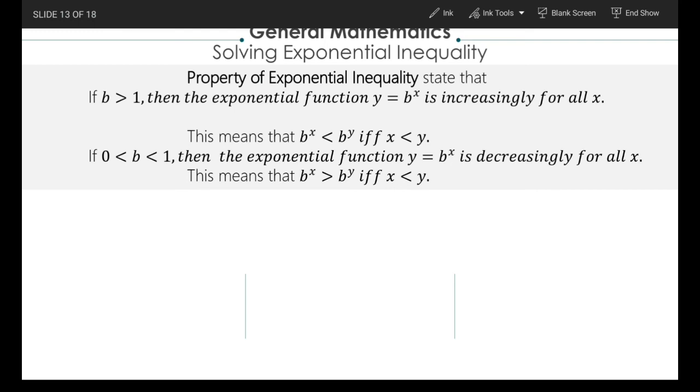And for the second statement of this property, we have if your b or your base is between 0 and 1, then the exponential function y is equals to b raised to x is decreasing for all x. This means that b raised to x is greater than b raised to y if and only if x is less than y. Ano yung ibig nating sabihin dito sa property nito?